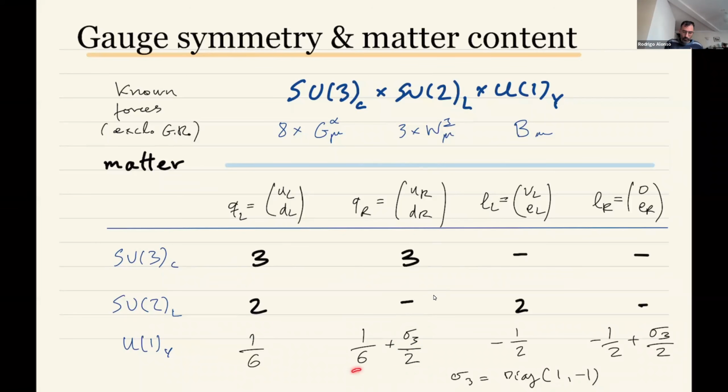It's useful to know that it's the identity in this two-dimensional space, with the same hypercharge as the left-handed quarks, plus an addition that is proportional to this Pauli matrix over 2. And the same transformation properties can be written down for leptons, which we arrange in doublets as well.